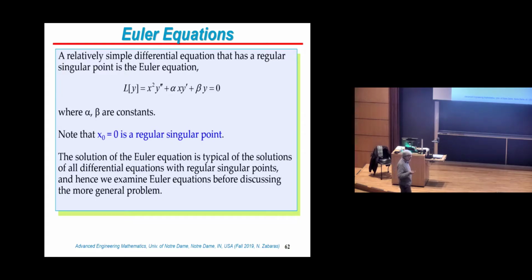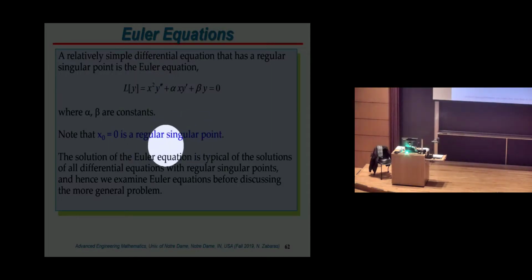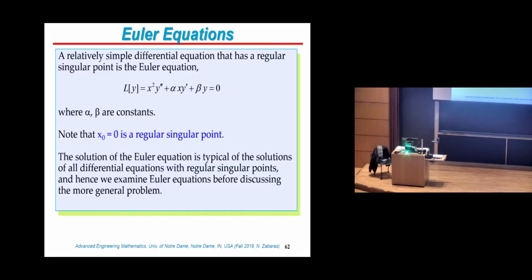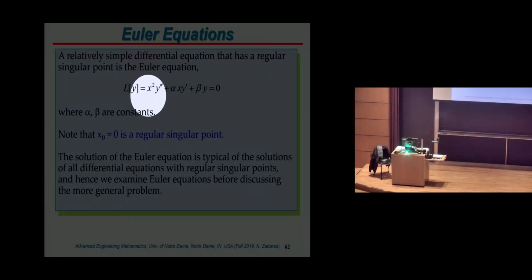Okay? The idea here is that these are singular points, but we will have some mild way to define what a singular point is. There can be much worse singularities than what we have seen. And if it happens that these points are regular singular points, you can actually get a power series expansion with no difficulty that will converge up to some minimum radius of convergence everywhere except x equal to 0 in this case.